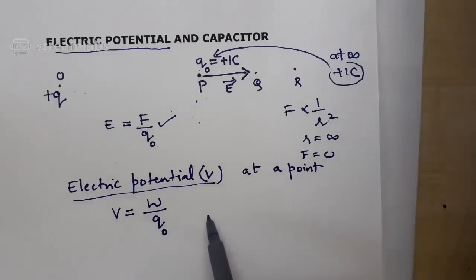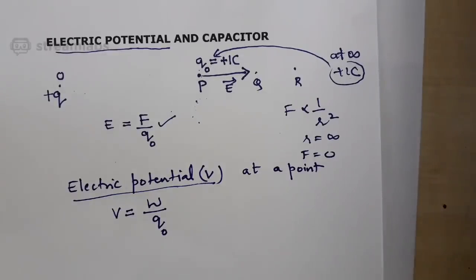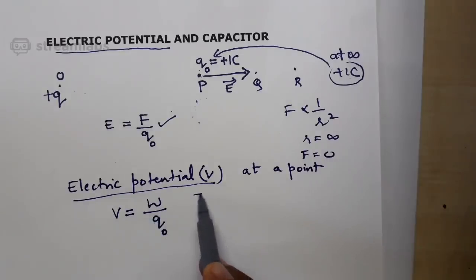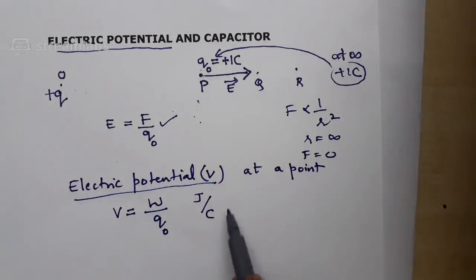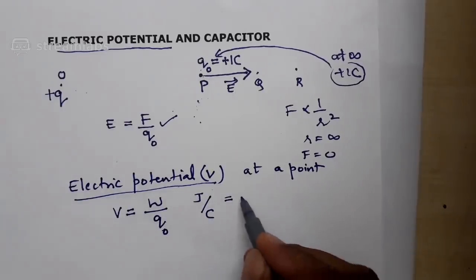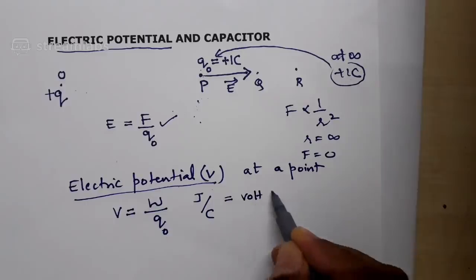Of course, it is not compulsory that a physical quantity should have a unit, but let us check whether it has one. According to the basic equation, W represents work done, its unit is the joule. Q naught represents charge, its unit is the coulomb. So according to this equation, the unit of electric potential is joule per coulomb, but instead of remembering it as joule per coulomb, it is replaced as volt.